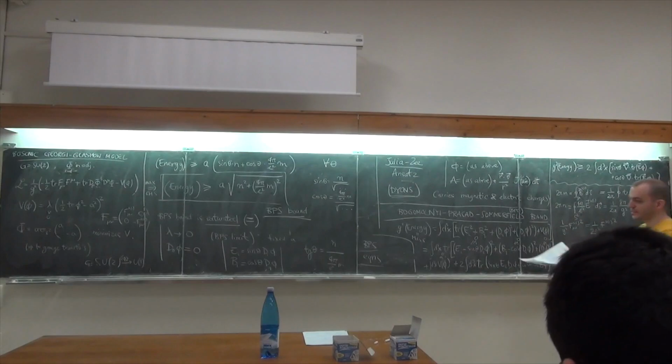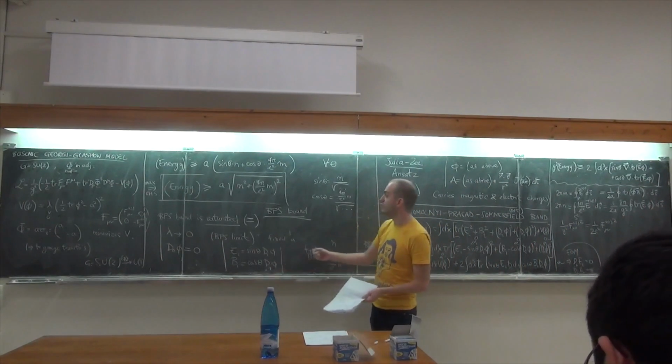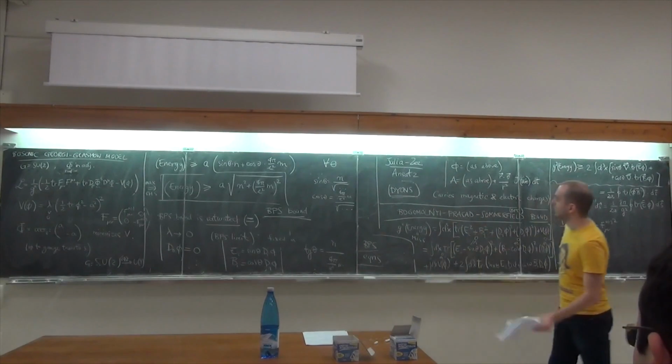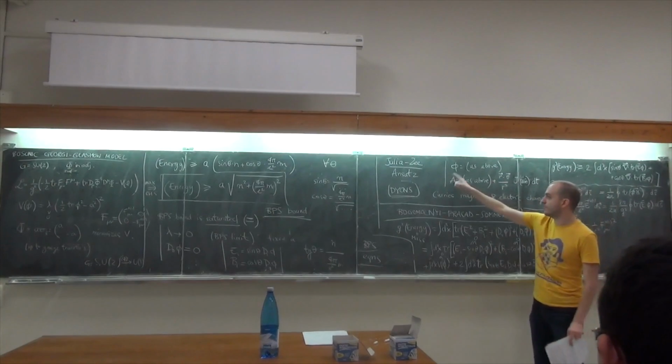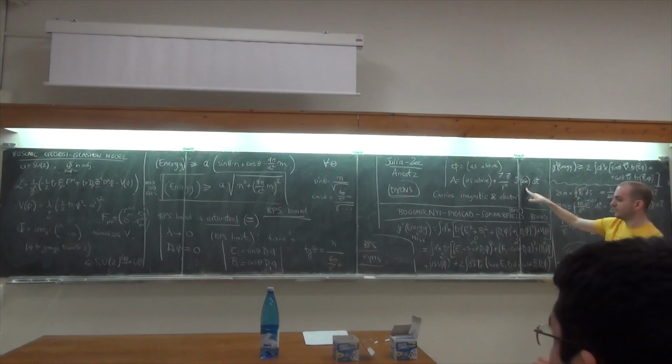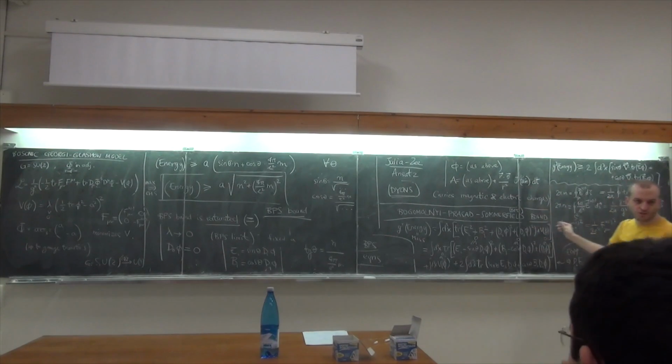So now, these BPS equations, since they are first order, are easier to solve than the equations of motion. In particular, if you plug in the 't Hooft-Polyakov or Julia-Zee ansatz, you just get first order ordinary differential equations in the radial variable, which are easier to solve.